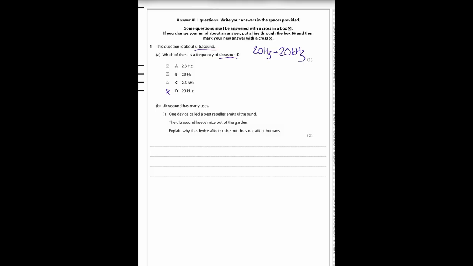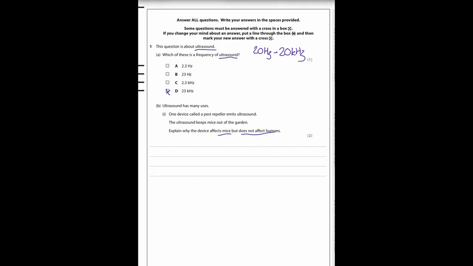Okay, and then the next one, still following the ultrasound theme, I'm looking for the important piece of information they're giving me in this question. It tells me it emits ultrasound, it keeps mice out of the garden, and asks me to explain why it affects mice but doesn't affect humans. So I'm thinking, what keywords am I going to use here?